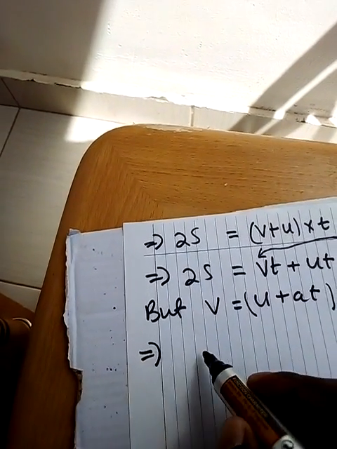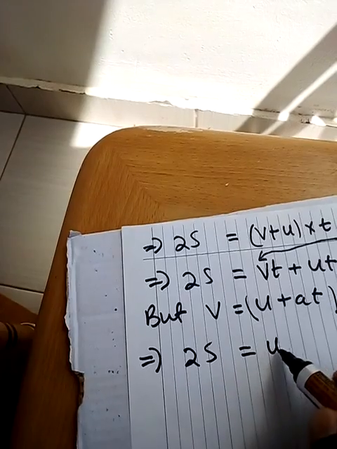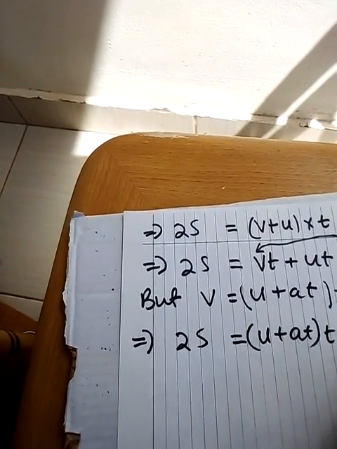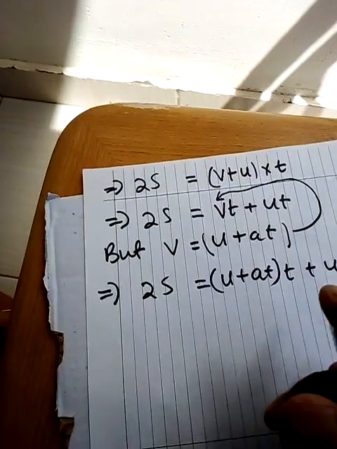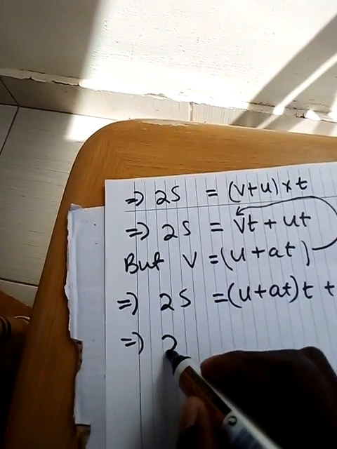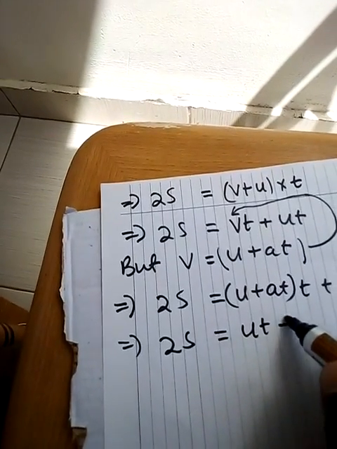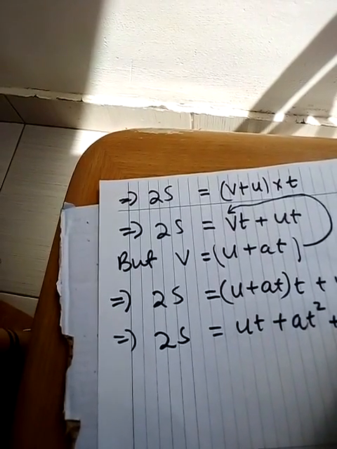When we replace it, we shall have 2s is equal to (u plus at) times t, plus ut. Very good. Can we open the bracket now? When we open the bracket, we have 2s is equal to ut plus at squared, then plus ut.